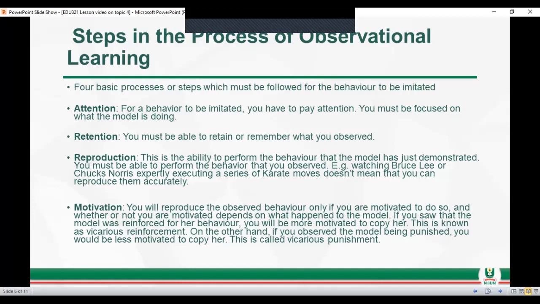The third point is reproduction. You must have the ability to perform the behavior that the model has just demonstrated.